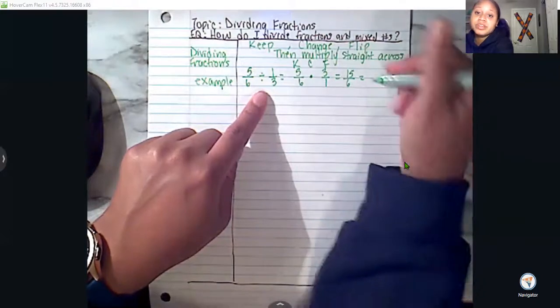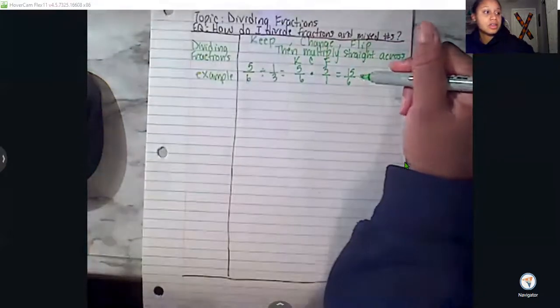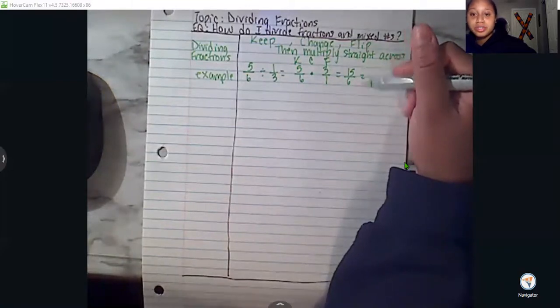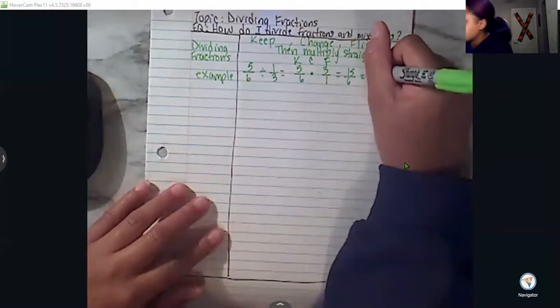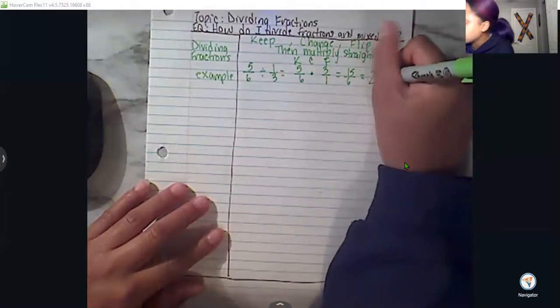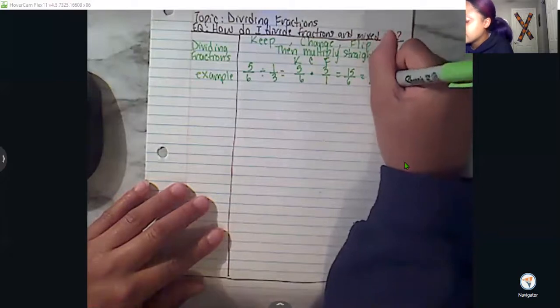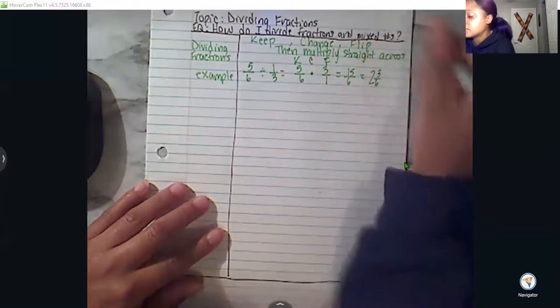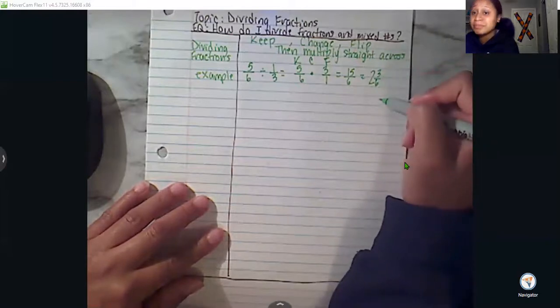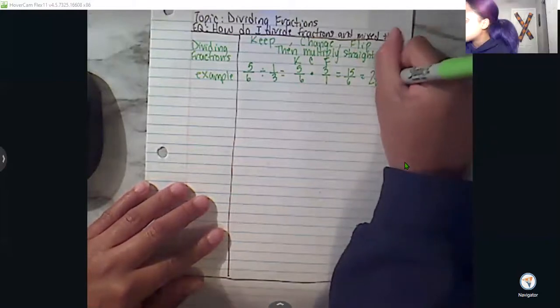This simplifies further. There's 2 6s in 15, and then a remainder of 3. Our denominator doesn't change, so it'll still be 6. This actually simplifies further because you can divide both the 3 and the 6 by 3. So then you end up with 2 1/2.